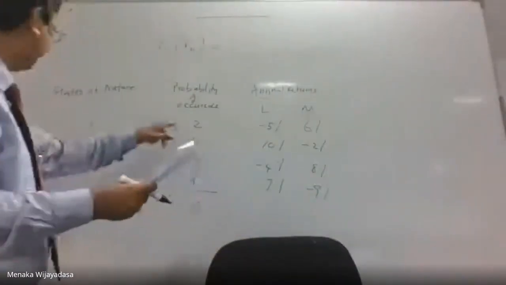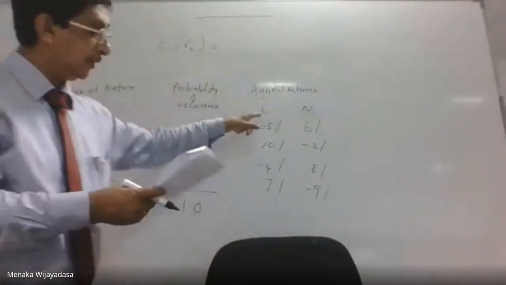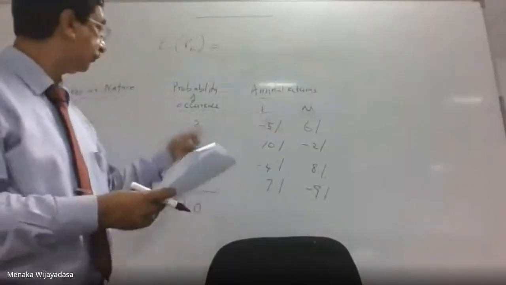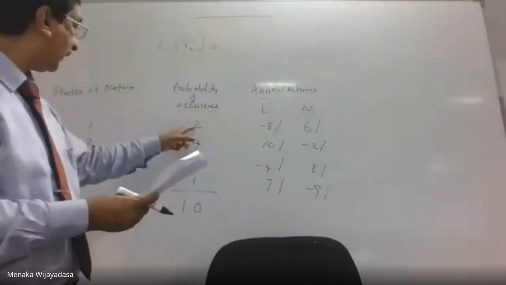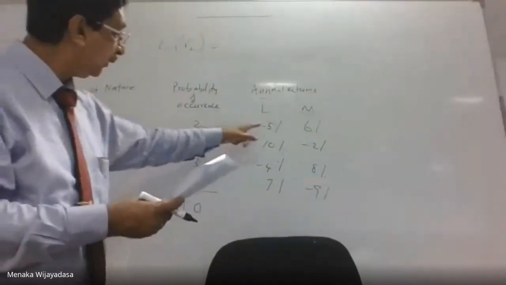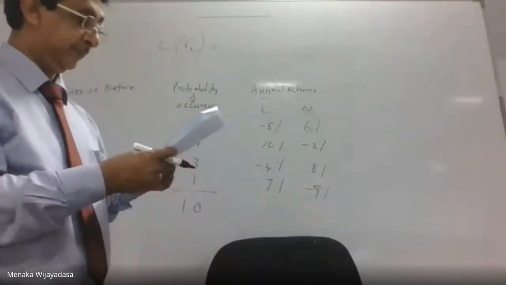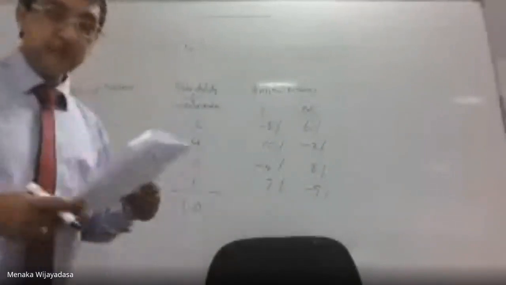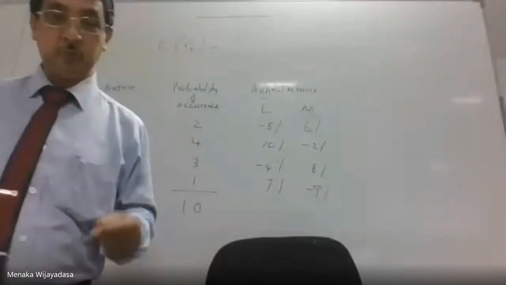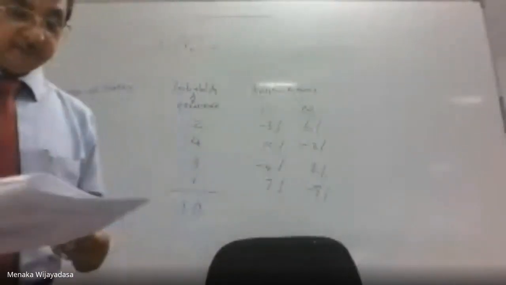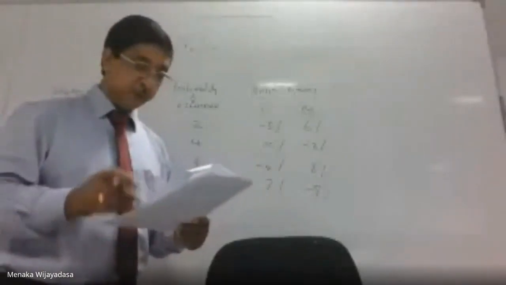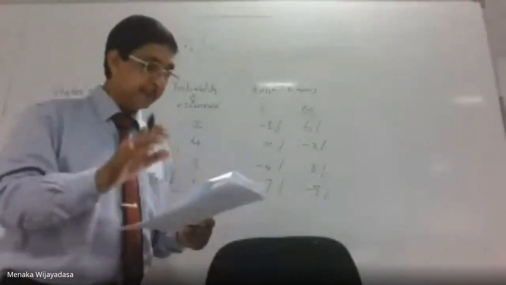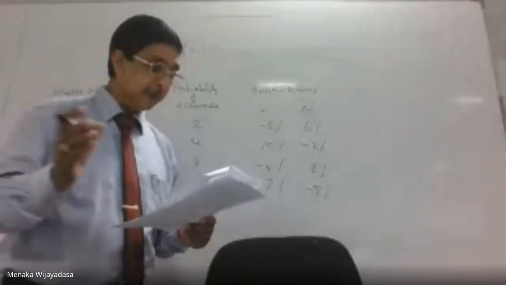Now you can see, we are talking about L. Probability of occurrence is 0.2, 0.2 into minus 5. Now, just to be simple, we will put only the number rather than the percentage mark.